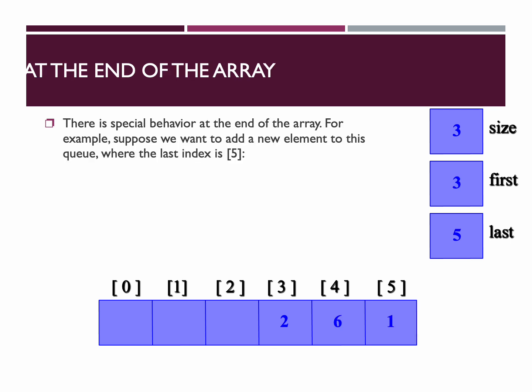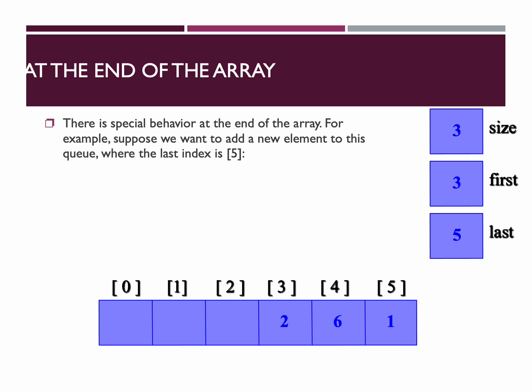Okay, so now at the end of the array, we'll see there's a special behavior. For example, suppose we want to add a new element to this queue where the last index is 5. So an array implementation of a queue must have special behavior when the rear of the queue reaches the end of the array.